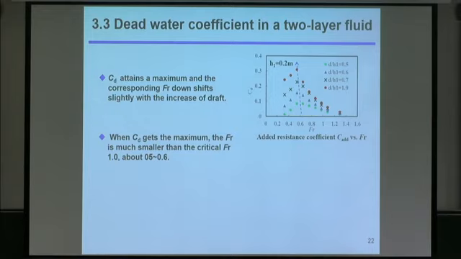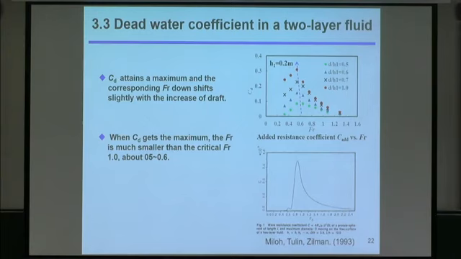Okay, this result is from Mellor's published paper, and this is also the resistance coefficient, and the structure is different. It's a prolate spheroid, a slender body, and when the CD gets a maximum, the Froude number is about 0.9, which is higher than the present results.